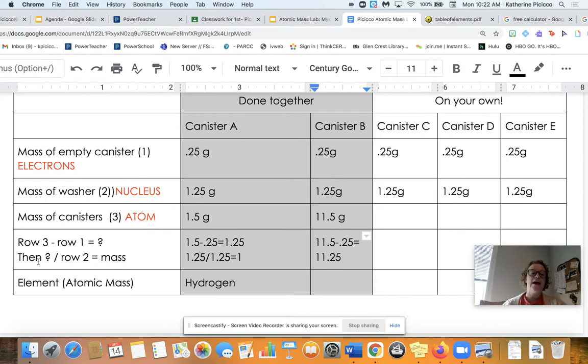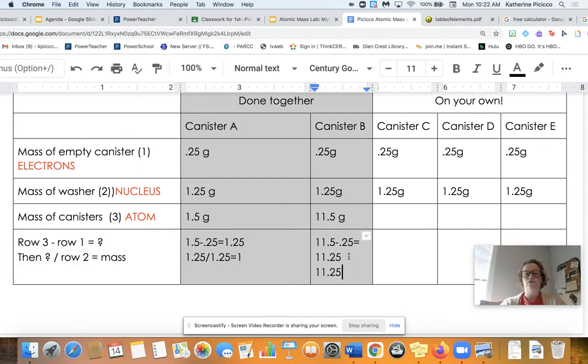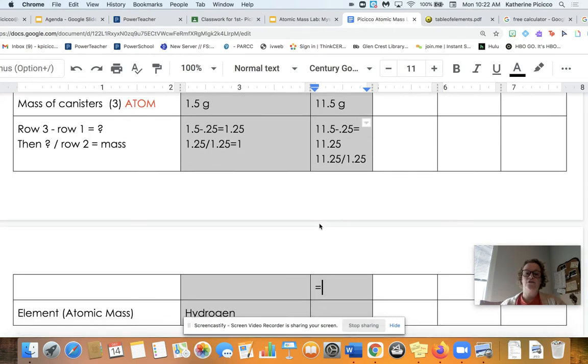We're going to take that answer and divide by row 2. So now we're going to do 11.25 divided by row 2. That's 1.25. Okay? And our answer is going to be 9. Once I take 11.25 and I divide it by 1.25, I get 9.